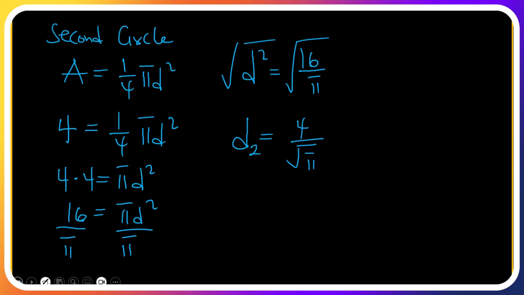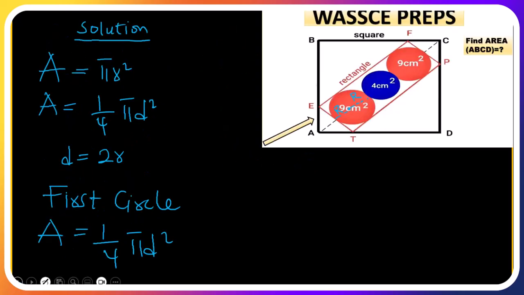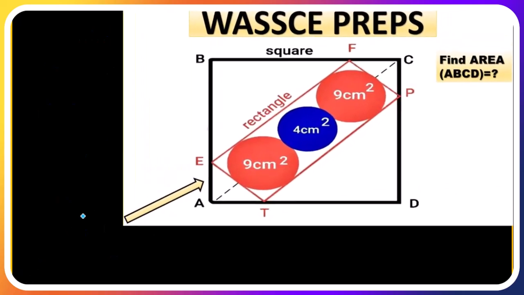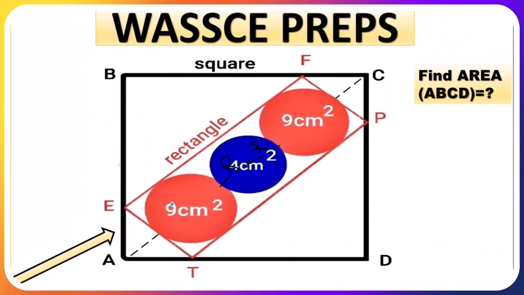Now let's consider the third circle. The third circle is synonymous to the first one, where this point was considered as our center, and moving from the center to the circumference was denoted as R. Moving from the center to the circumference is the radius, and since it has the same area as the first circle, the diameters are the same.